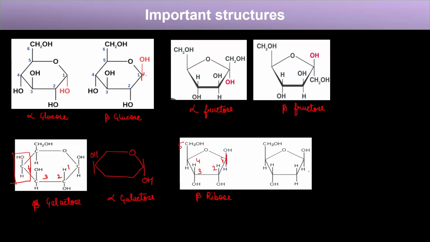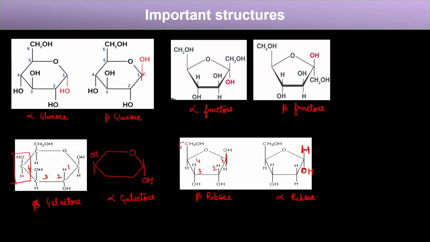While in the second case, it should be OH and H, and hence it will become alpha ribose. So these are all the important structures of monosaccharides that you should remember, and how these structures are made.